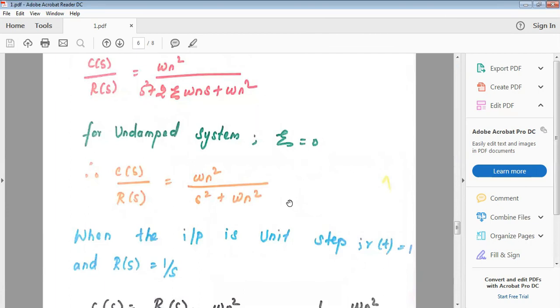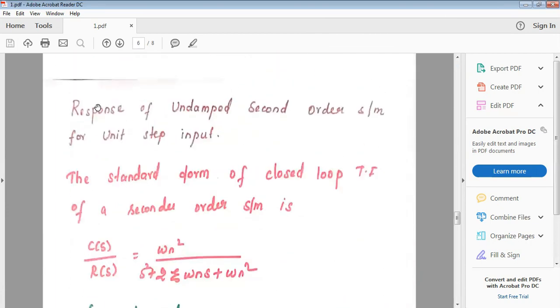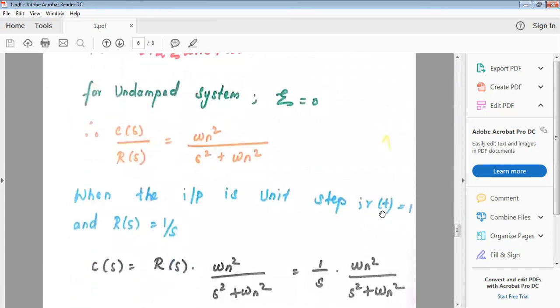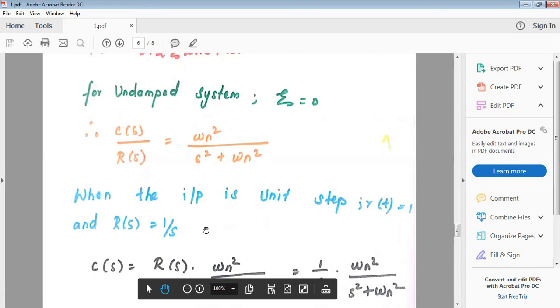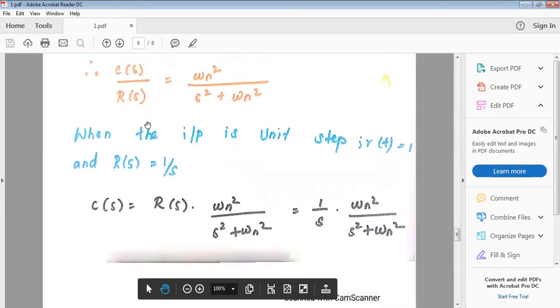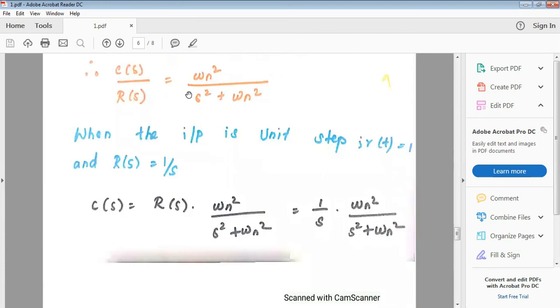But now here we are going for the response of the undamped second order system for unit step input. So for unit step, we know the value of r of t equal to 1. By taking the Laplace transform of this value, we will be getting R of s is equal to 1 by s. So C of s, just by cross multiplying, is equal to R of s into omega n square divided by s square plus omega n square.